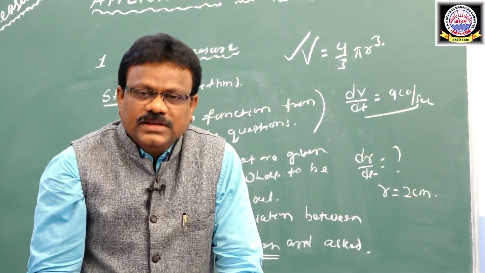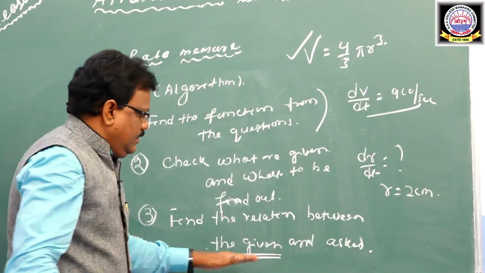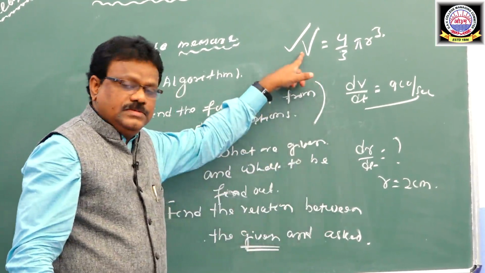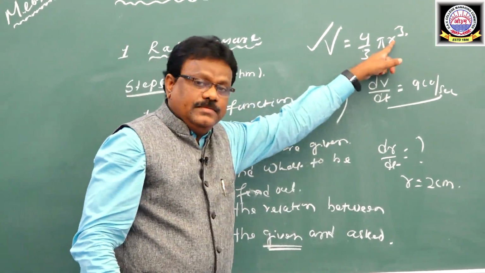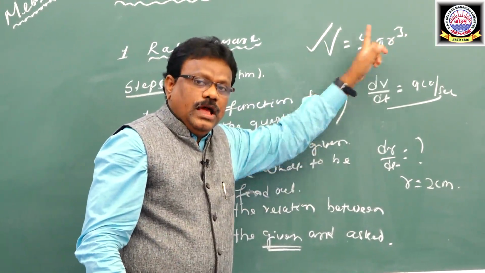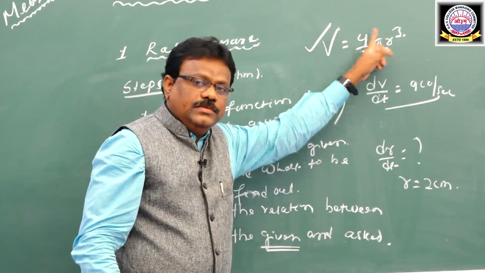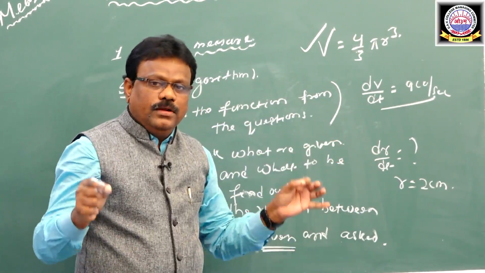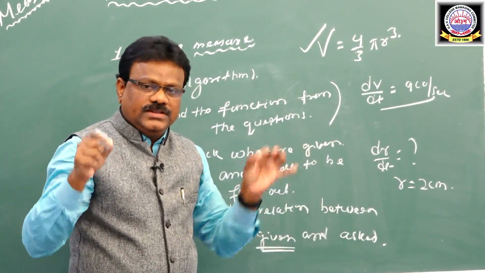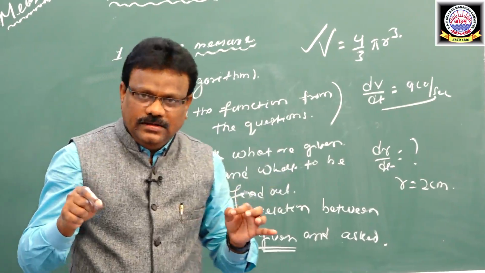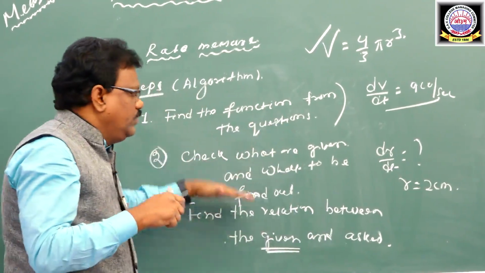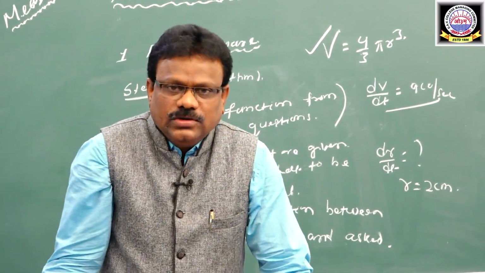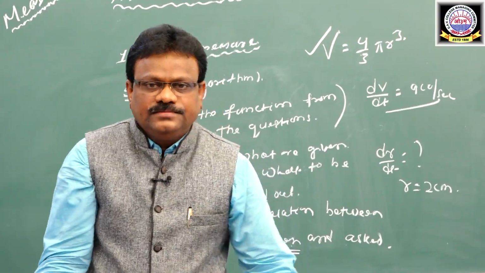And the last point I have given, find the relation between the given and asked. Given is dV by dt and asked is dr by dt. So you will use the derivative on both sides and you will get the answer. This is one sample question and sample answer I have given orally. By using those 3 points, we can answer any type of question related to rate measure.